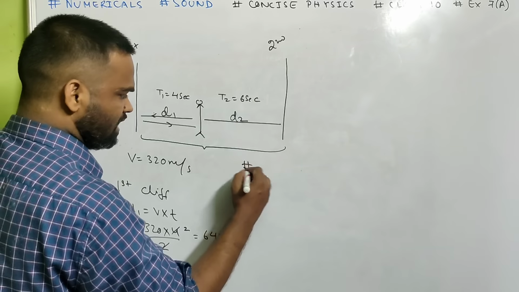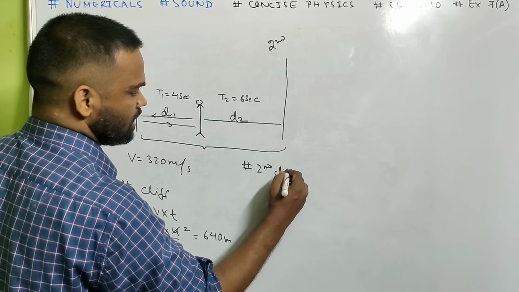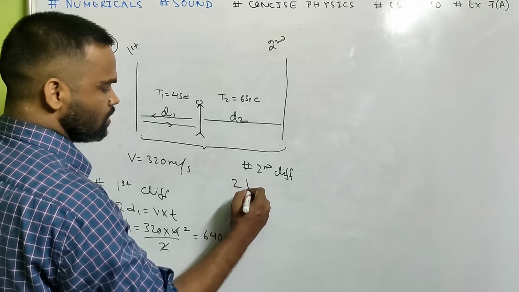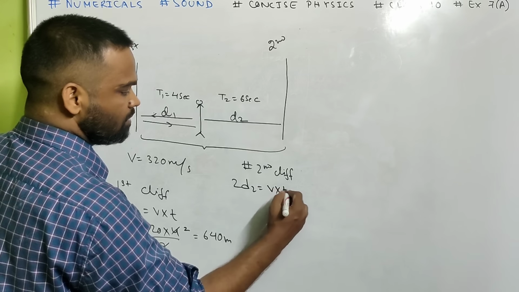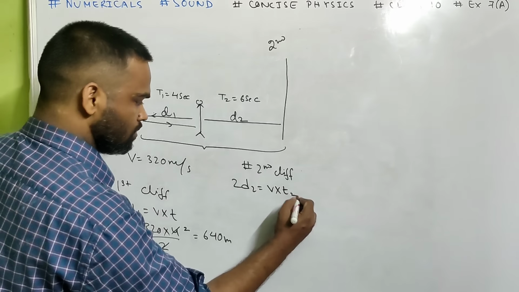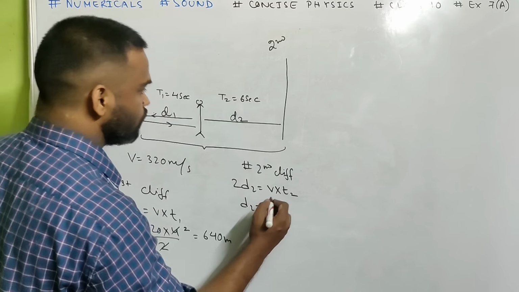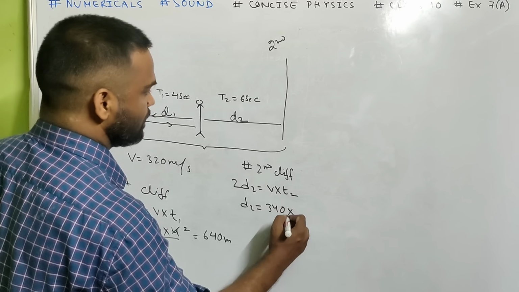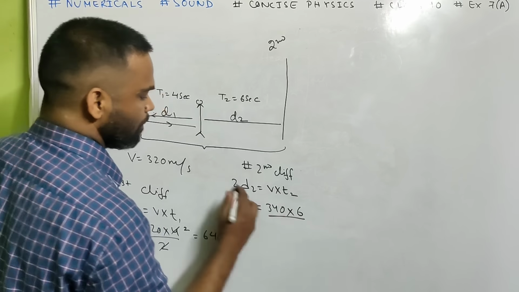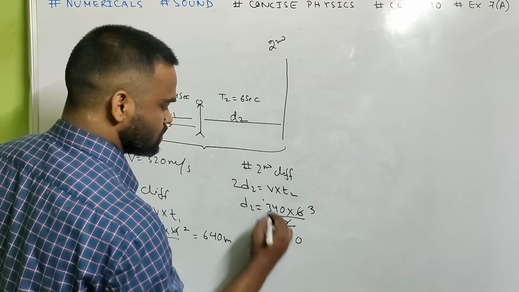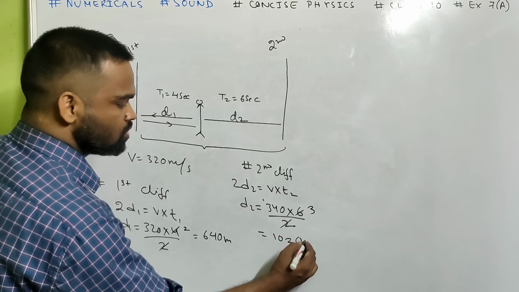Now for the second cliff, if you look carefully, again 2 D2 equals V into T2. So D2 equals V, 340, multiplied by T2, which is 6 by 2. 1 time 2, 3 times, that is 3 4s are 12, 1020 meters.